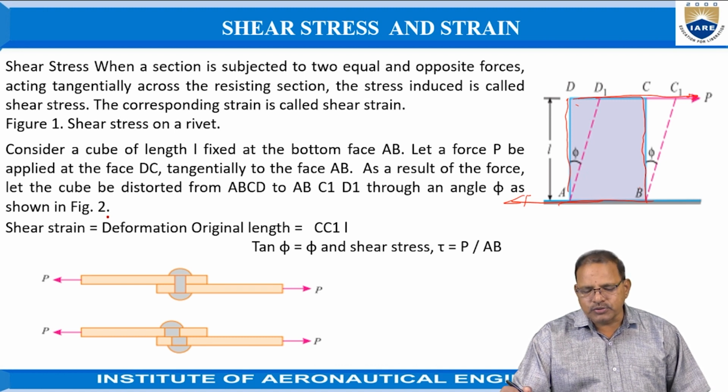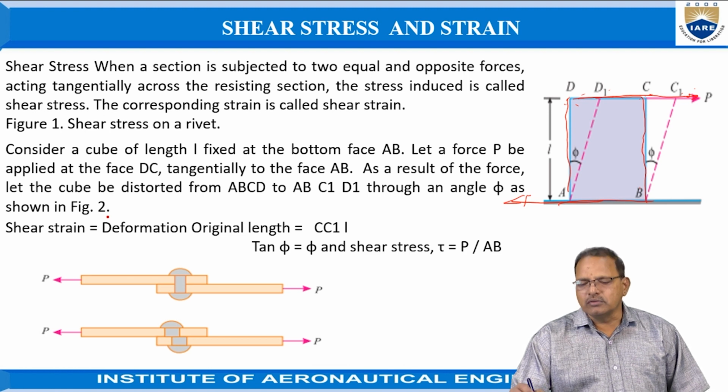The corresponding strain that is produced is called shear strain. Here, if L is representing the length of the cube, it is displaced from D to D1 or C to C1. Now shear strain is represented as DD1 divided by AD, which is also equal to CC1 divided by BC.